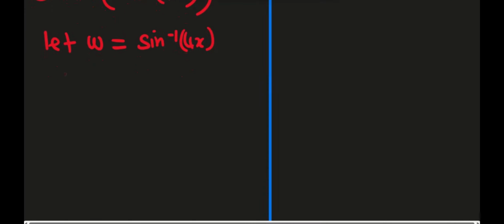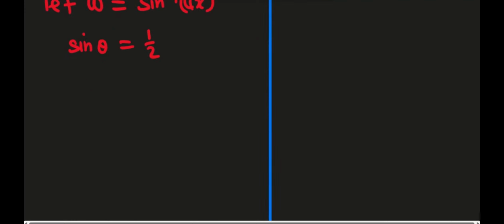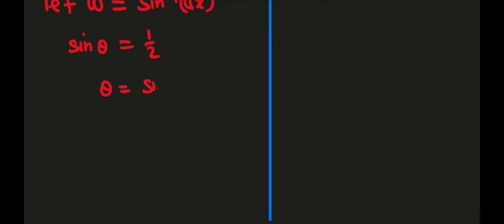This is what I mean. Say you were given sine theta equal to a ratio, maybe 1/2. We all know that we can write this as theta is equal to arc sine 1/2, which gives us 30 degrees.